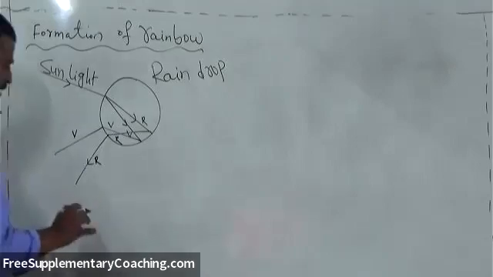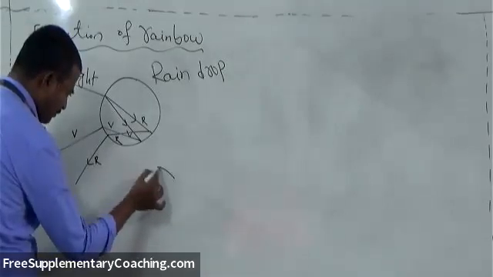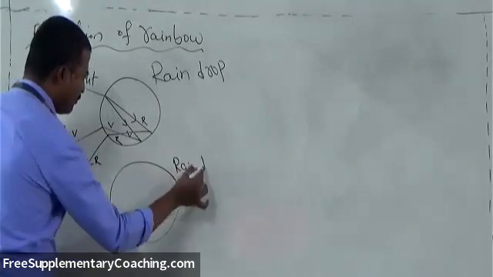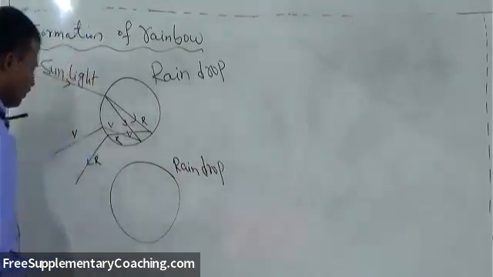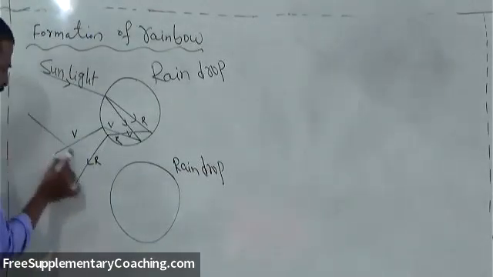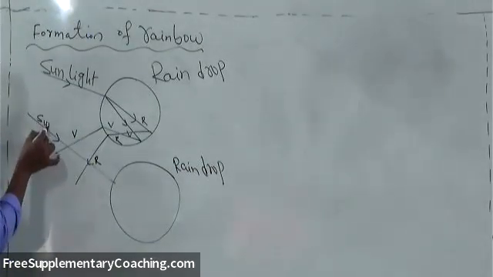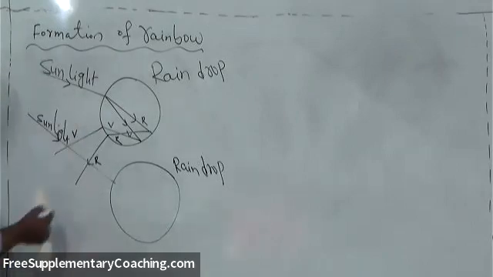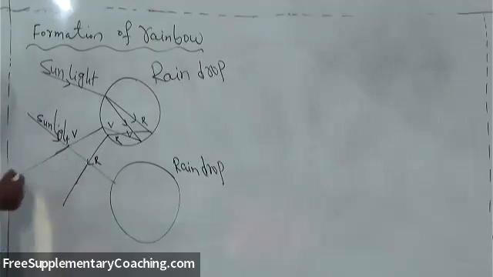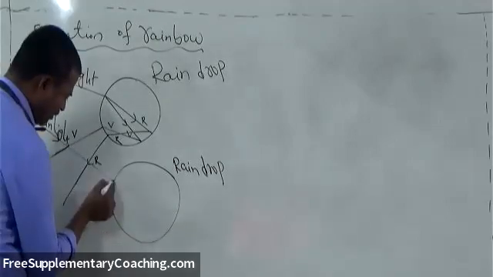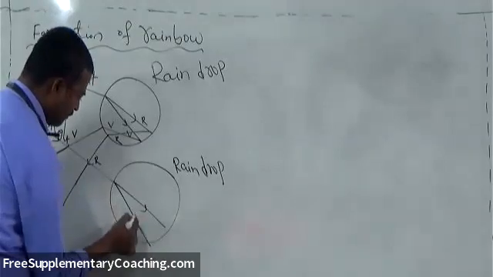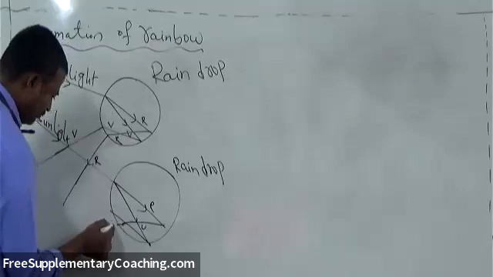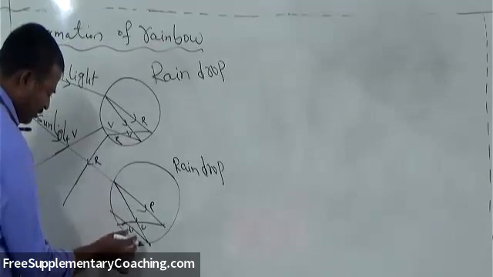Similarly, if you take one more raindrop here, as usual sunlight falls like this. It splits up into violet and red color.